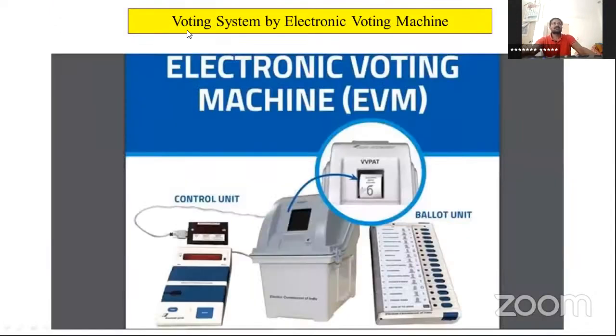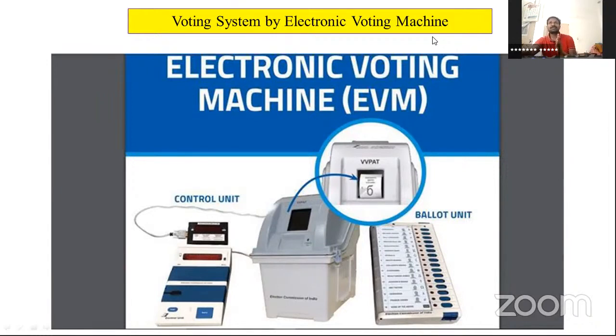Look at this next one. Voting system by electronic voting machine, EVMs. EVMs were used worldwide from 1991 to 2014. Particularly in our India, we used the EVM, electronic voting machine, as a pilot project in 4 or 5 states, Delhi, Mizoram, Madhya Pradesh, Rajasthan, in 2013.